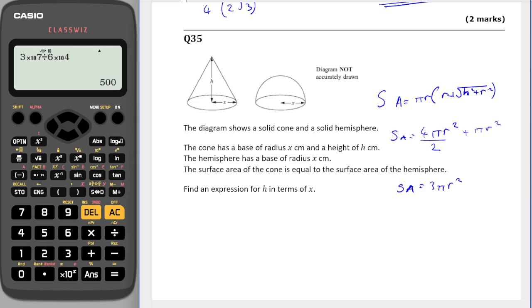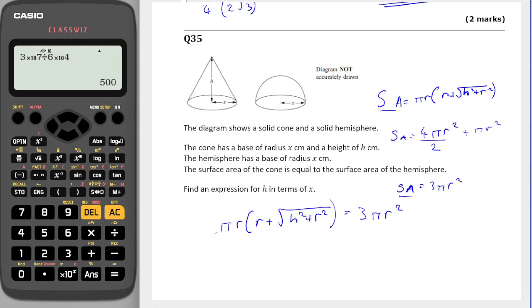Right. And we're told that those are equal. So let's look at that. So pi r times by r plus the square root of h squared plus r squared is going to be equal to 3 pi r squared.